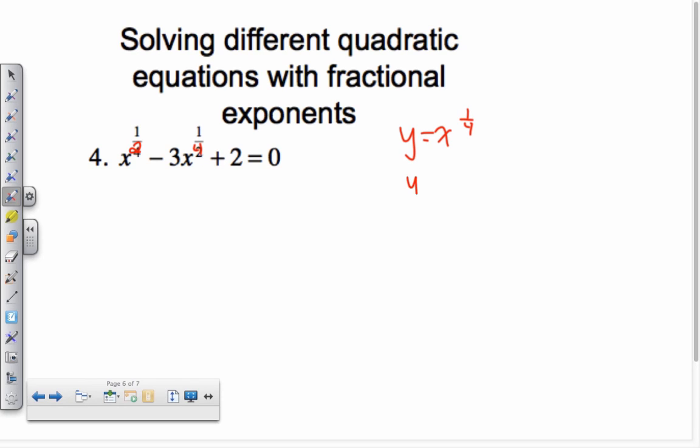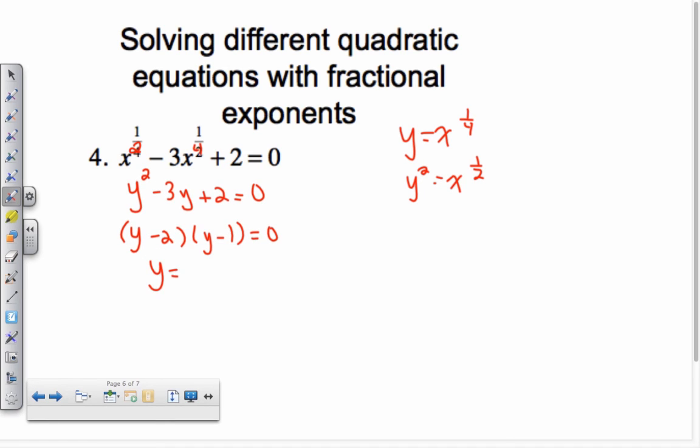That way, y squared is equal to x to the 1/2. And so over here, we can say that this is y squared minus 3y plus 2 equals 0. Again, factorable: y minus 2, y minus 1 is equal to 0. So y is equal to 2 and y is equal to 1.